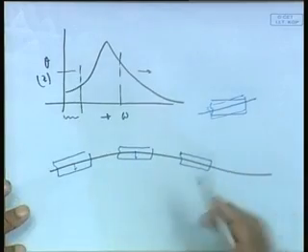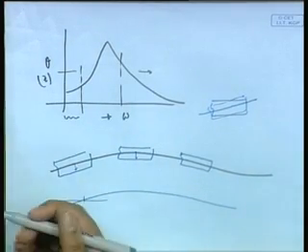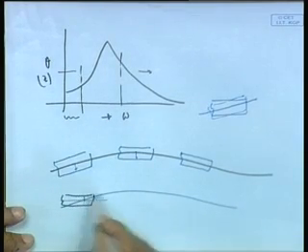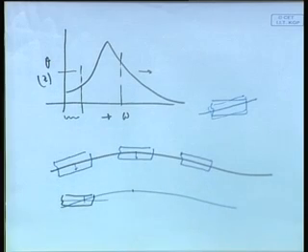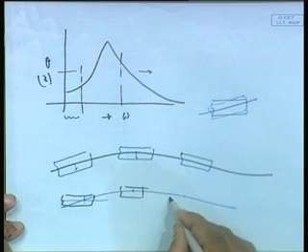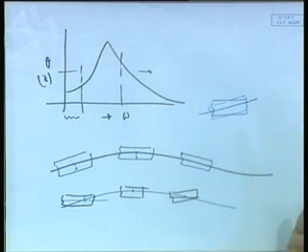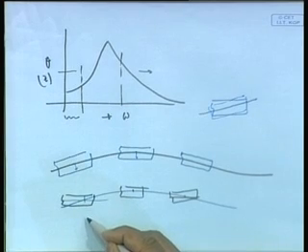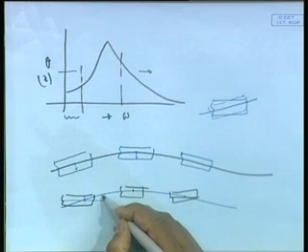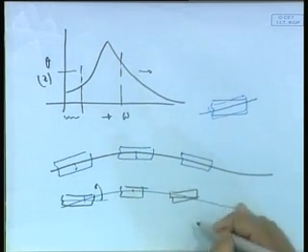What will happen? Just the opposite. You will end up getting the ship slightly tilted this way. Which is more dangerous? Obviously, here you find there is a tendency, because there is a phase gap, for water to go on top of the deck and for the bow to come out and slam.